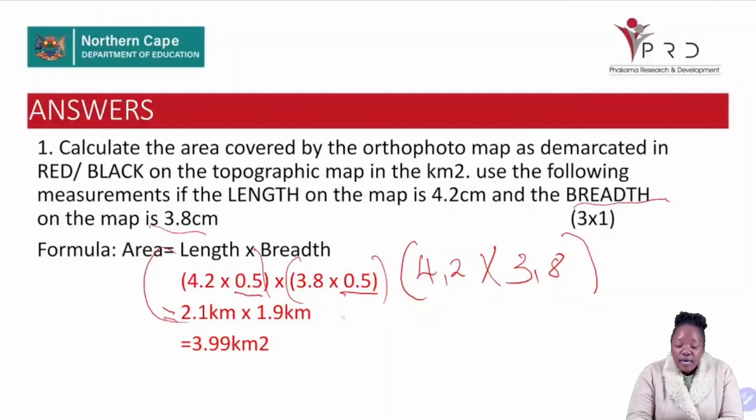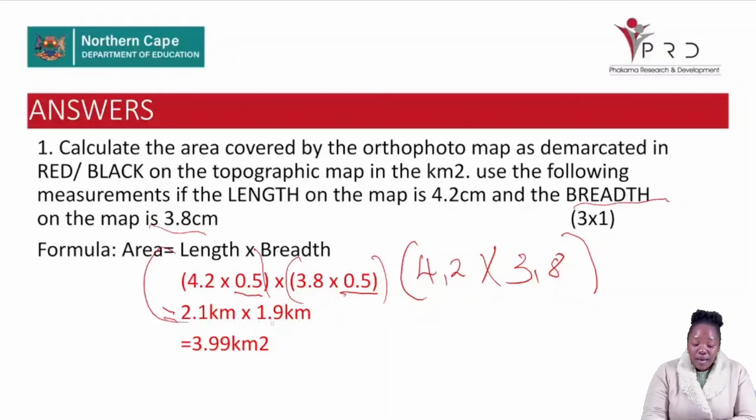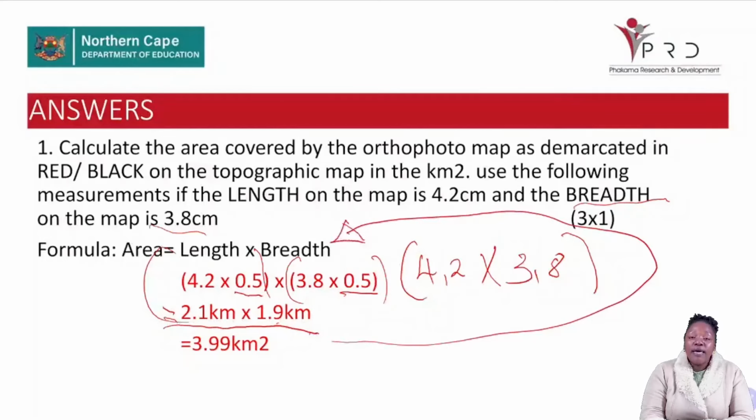Because our answer is supposed to be in kilometer squared. So 3.8 times 0.5 will give us 1.9 kilometer. Thereafter, you can multiply the two: the answer of length times the answer of breadth, as it is in the formula, length times breadth.